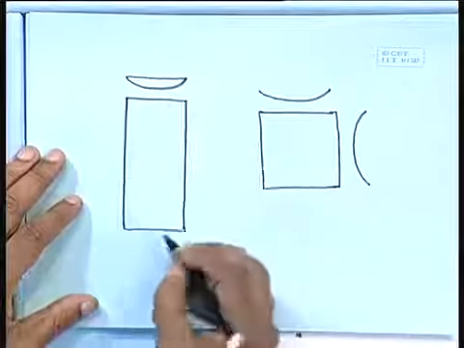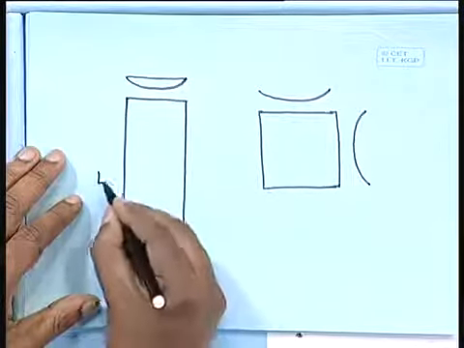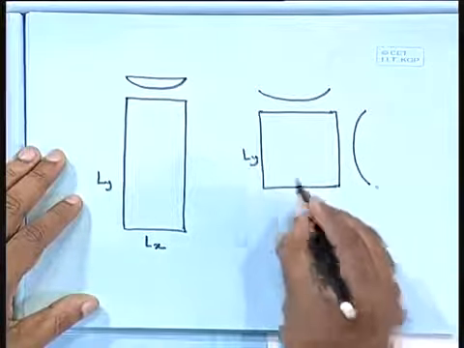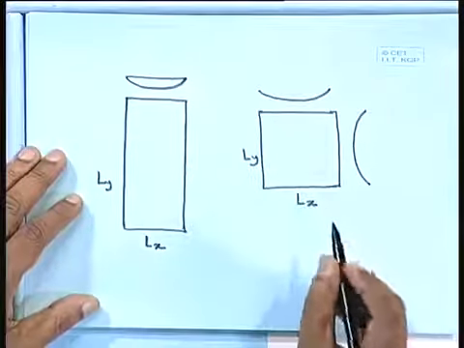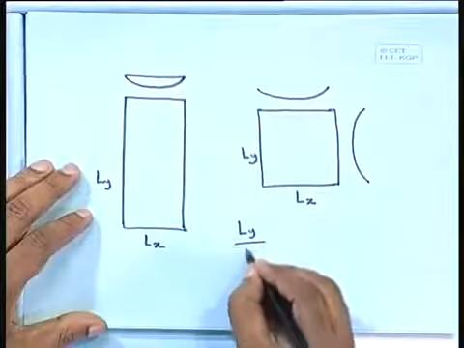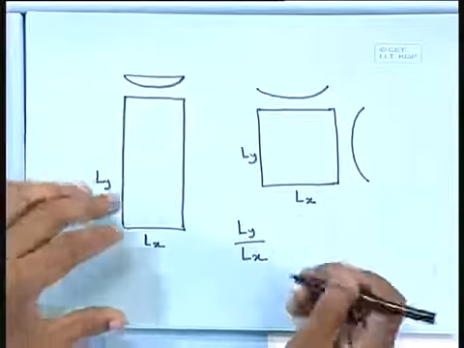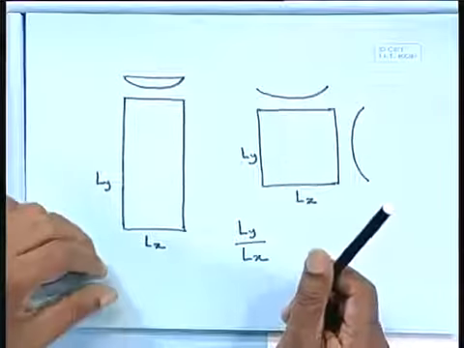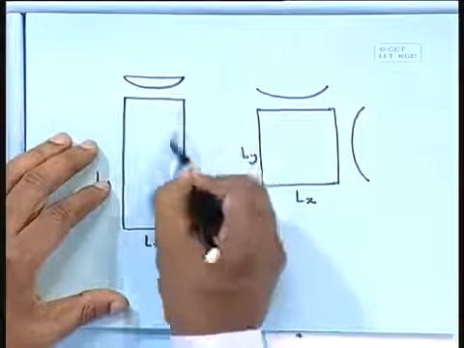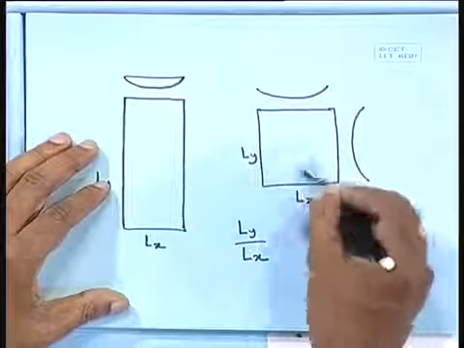Now, let us say this is Lx and this is Ly, the spans in both directions. Depending on Ly by Lx, we find out whether it is one way or two ways. That means whether we shall consider only one side moment or the moment on both sides.